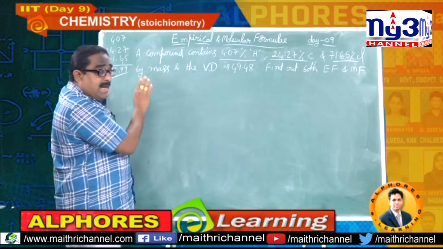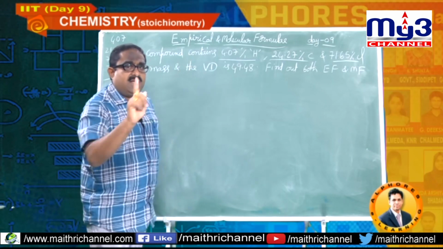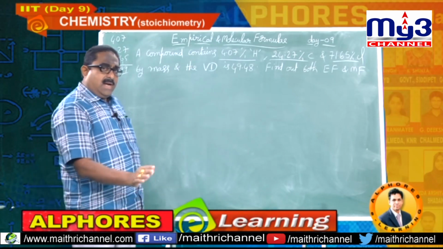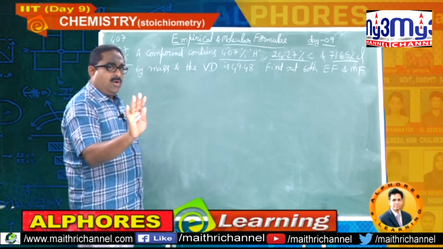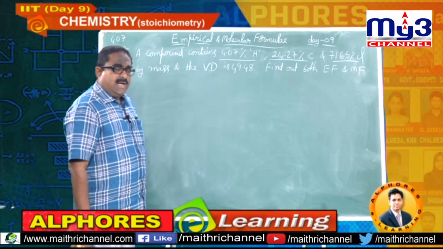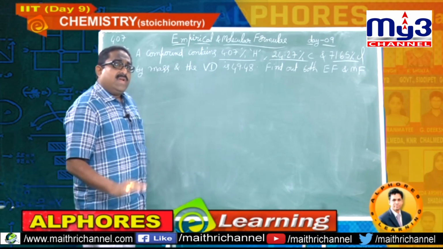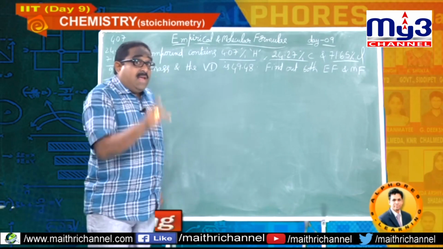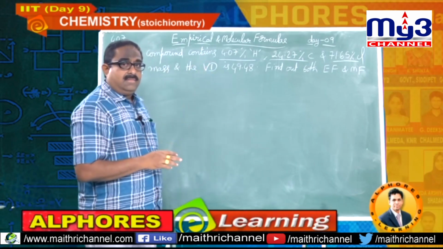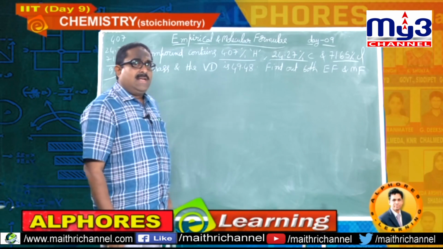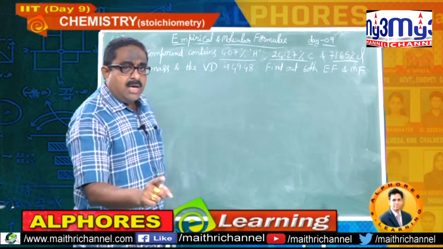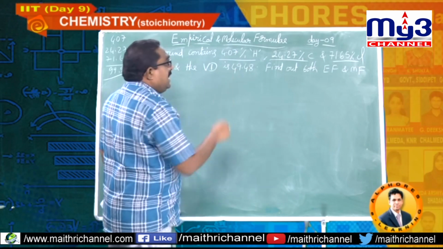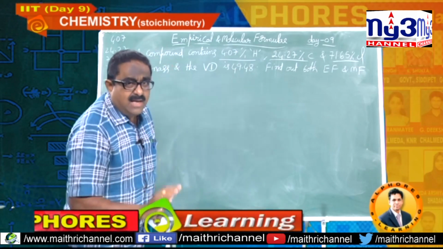Why am I checking like that? There is an important issue here. Please concentrate. If it is not equal to 100 but is 99 or 98.5, you can take it, no problem, 1% is nothing. If it is not equal to 99 or 100, and nothing is mentioned in the question, you should consider the remaining as the mass percent of oxygen by default. Suppose I add these three and get, for example, 80.